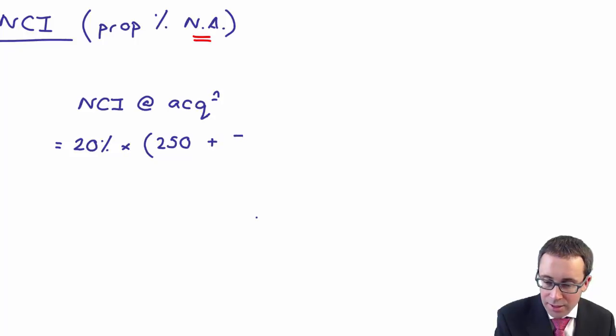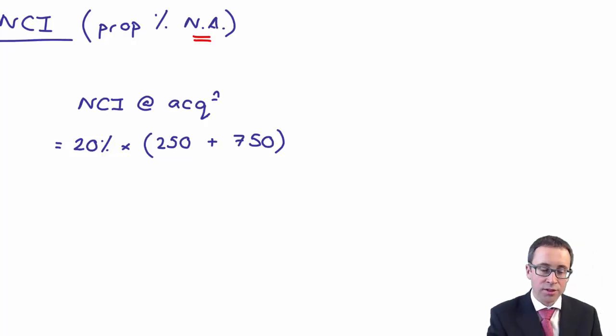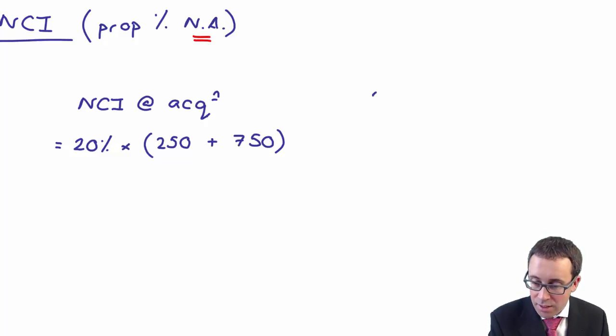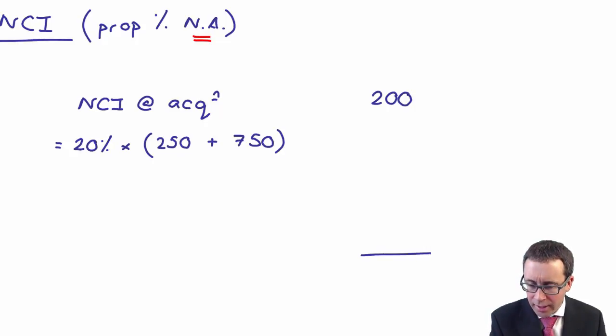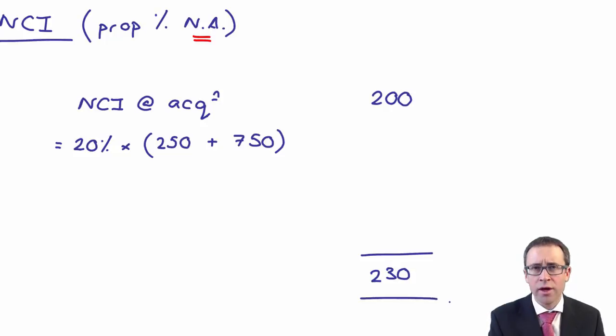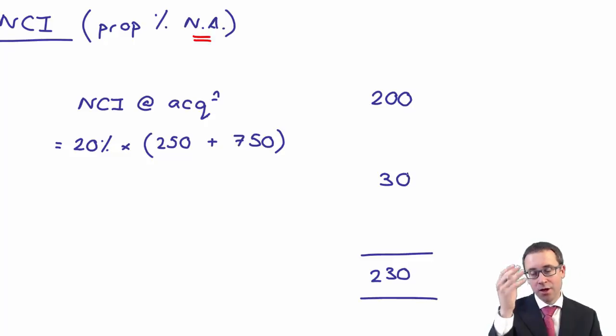We add on, is it the 750? So we've got the 250 plus 750, is that 1,000. 20% of 1,000 is 200. Ooh. We need the non-controlling interest to be 230. So we need to magic up a figure, don't we, of 30.